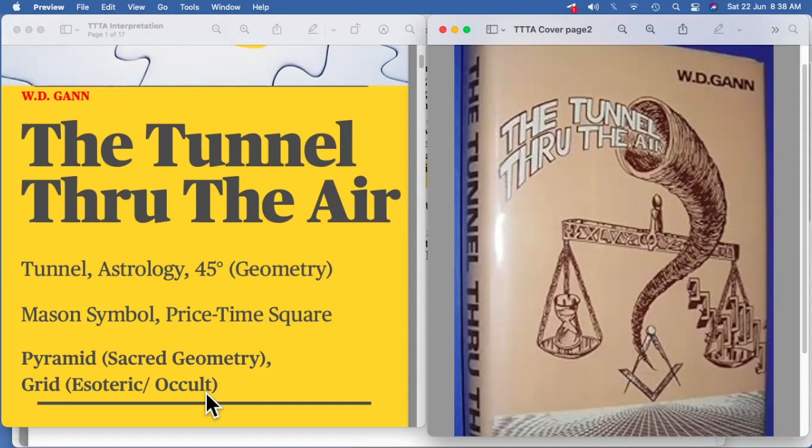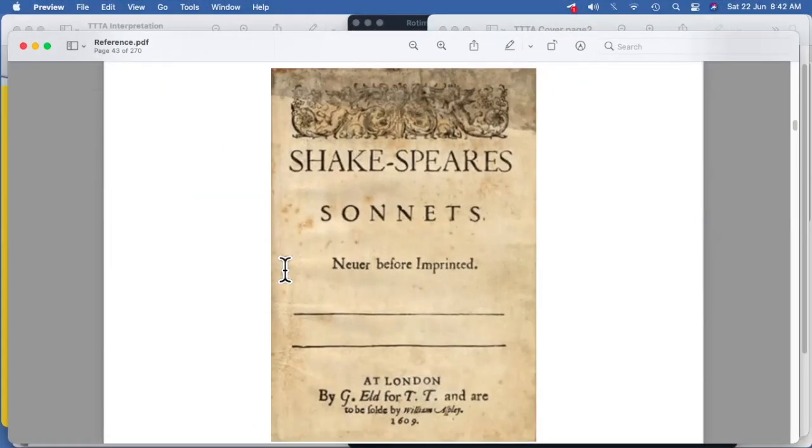This is really interesting and important for us, because from the cover page, probably you'll be able to grab some really important and interesting things which may not be there in the book. Now, why study the cover page? If you look at Shakespeare's sonnets, there are some beautiful interpretations which have been done about that book.